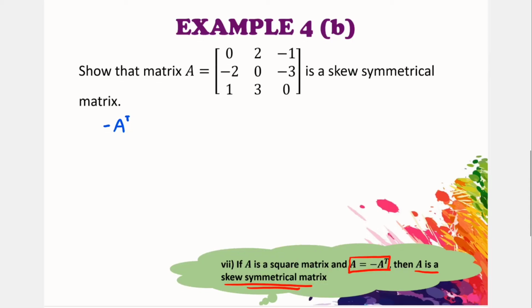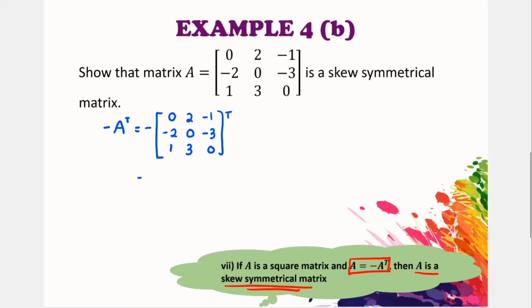Okay, first let me write the matrix. What I am going to do is multiply by the negative sign first and then transpose it later. So multiply by the negative.